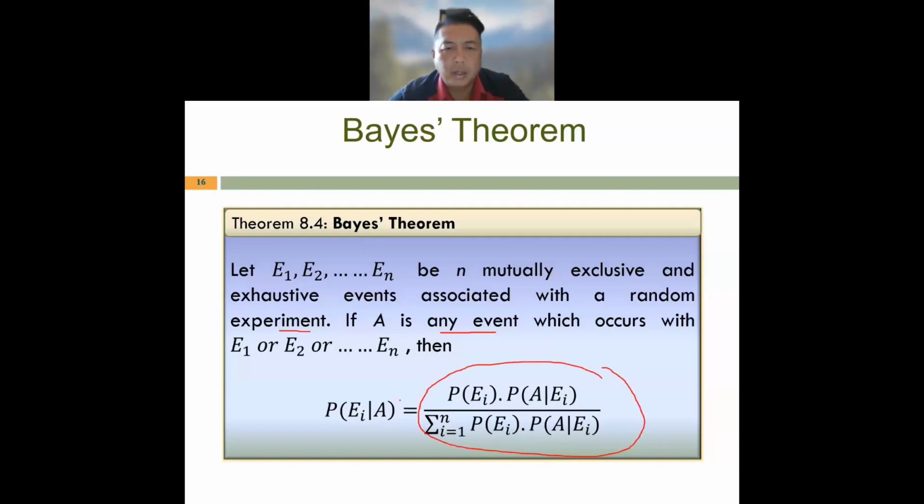Basically, given that you have event A, what is the probability that it occurs in this environment? Remember that this is your total probability, and this is, given that you are in this environment, the probability of having A. This is the formula that we will be using for the Bayes theorem.